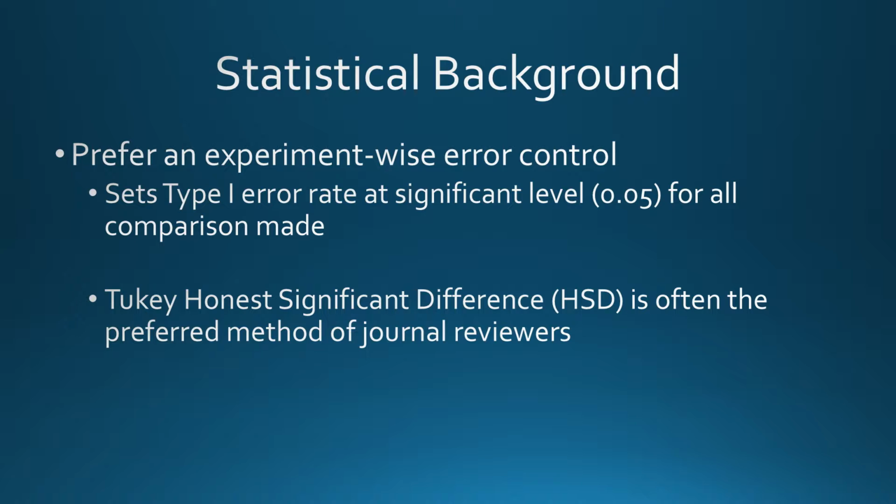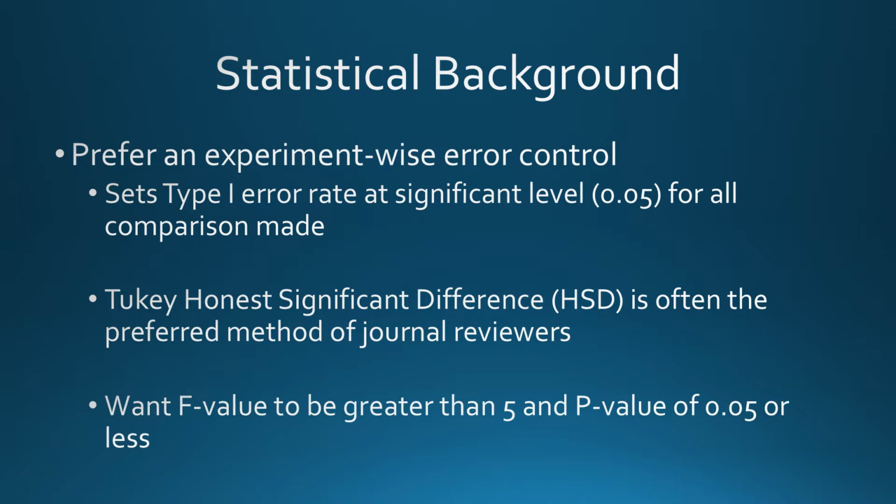But it only does it one treatment versus one treatment at a time, where contrasts allow you to look at combinations of treatments. In your results, you want to find an F-value that is normally greater than 5 and a p-value that is below your significance level, or right at.